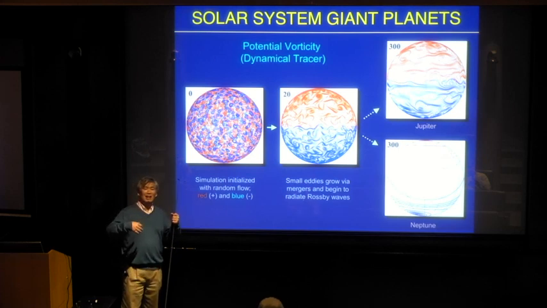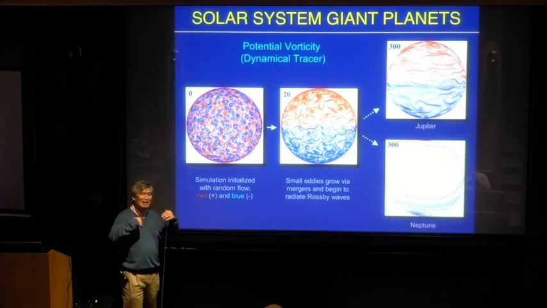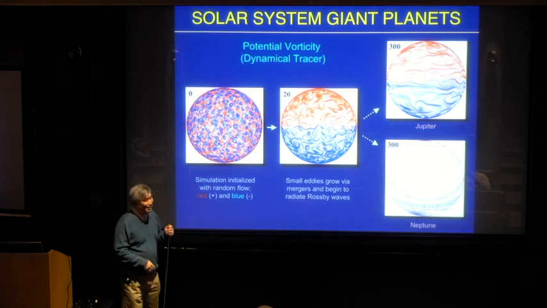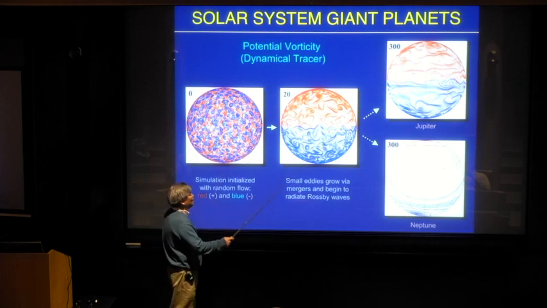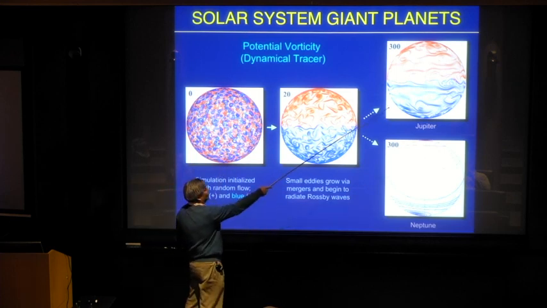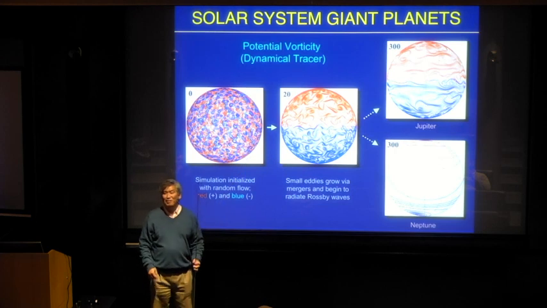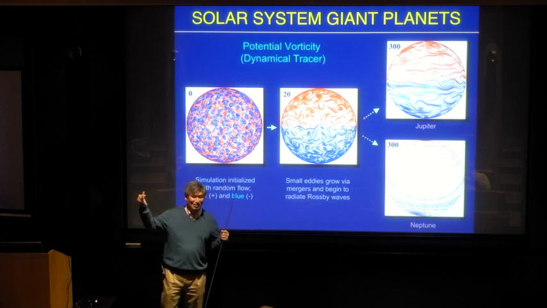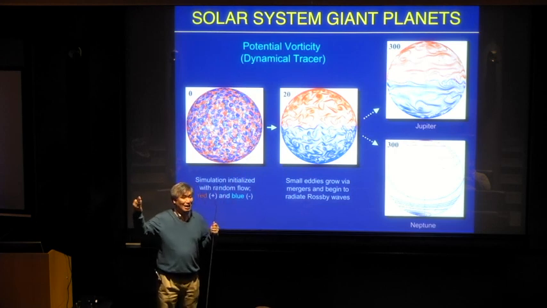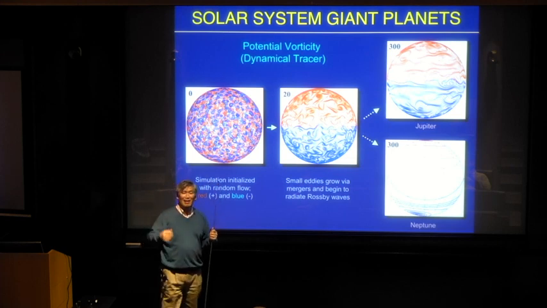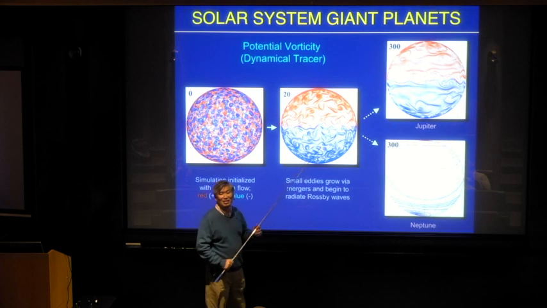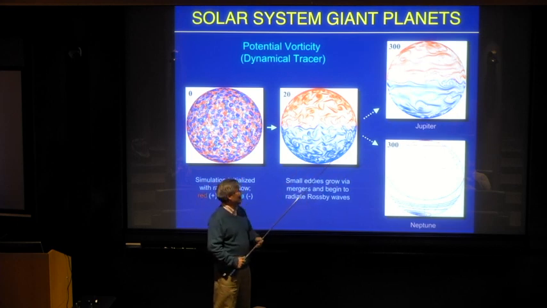The idea here is to do as little as possible with that experiment and just let it go and see what happens. I'm showing you two cases, the experiment with Jupiter's radius, Jupiter's rotation rate, Jupiter's equilibrium temperature, surface gravity, and average kinetic energy, all the values of which are observed and well known.